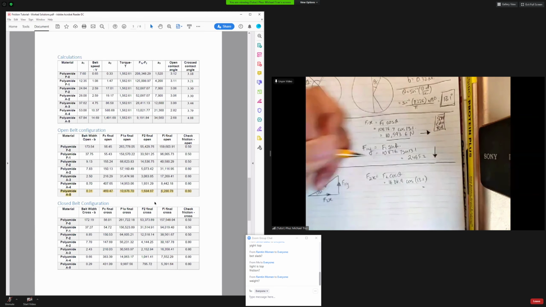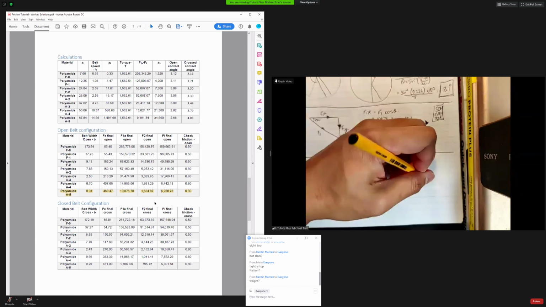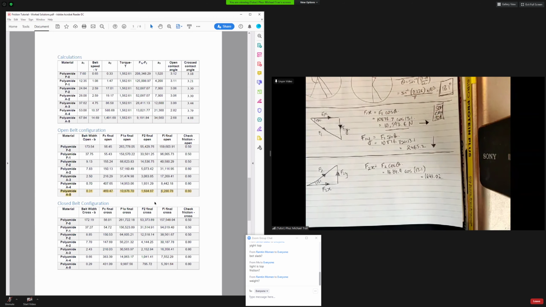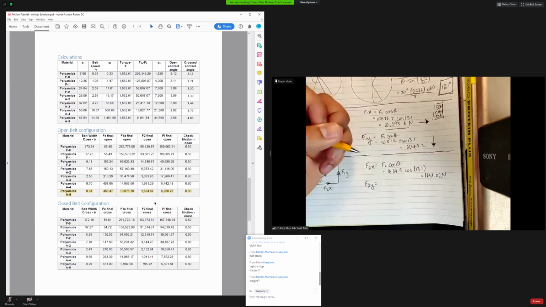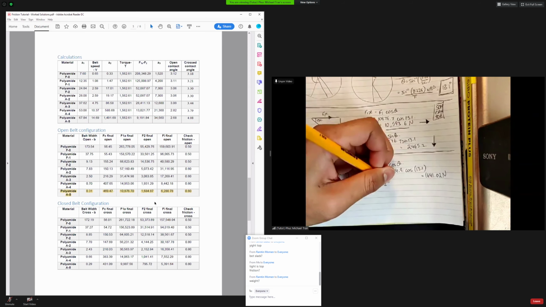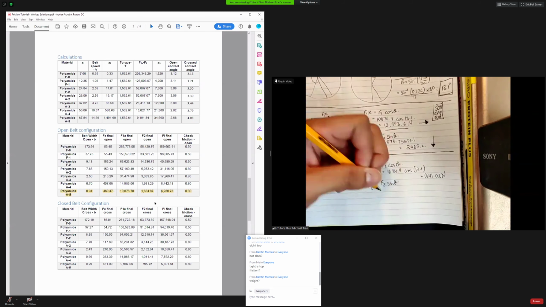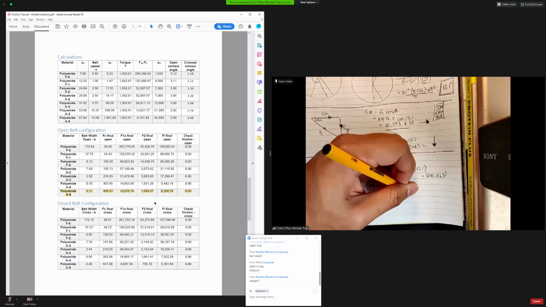And that should be 1641 newtons. And then F2y, F2 sine theta, 1684.9 sine theta.